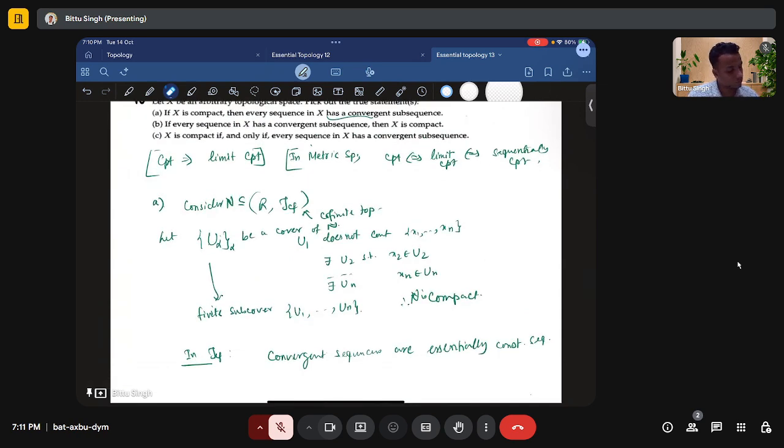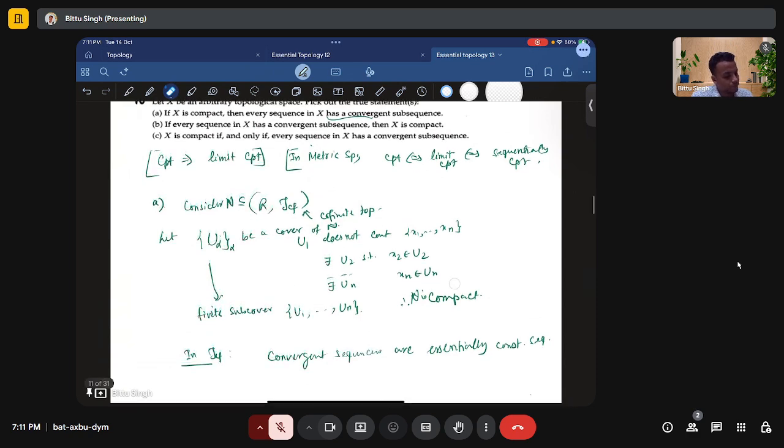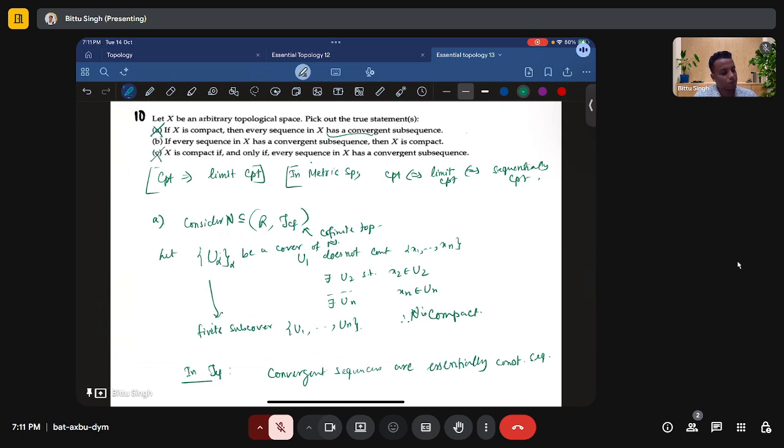So that implies that any subsequence of xn, if we take any subsequence, cannot converge. So A is not true. That will imply C is also not true, because C is a stronger statement with if and only if. What about B?